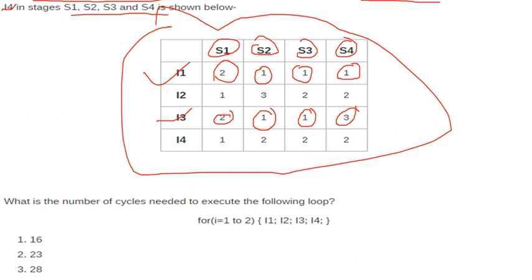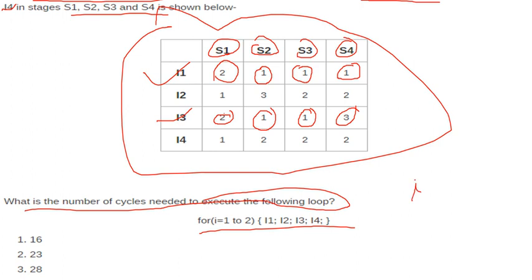So now this data is given. They are asking what will be the number of cycles needed to execute the following loop. We can see that this is a for loop running from I equals 1 to 2. What does it mean?